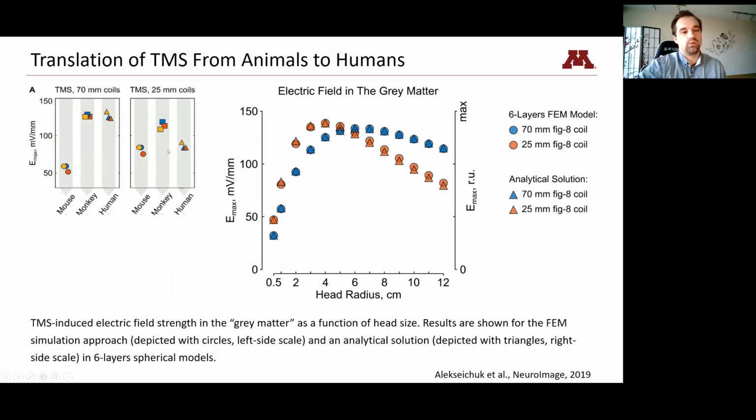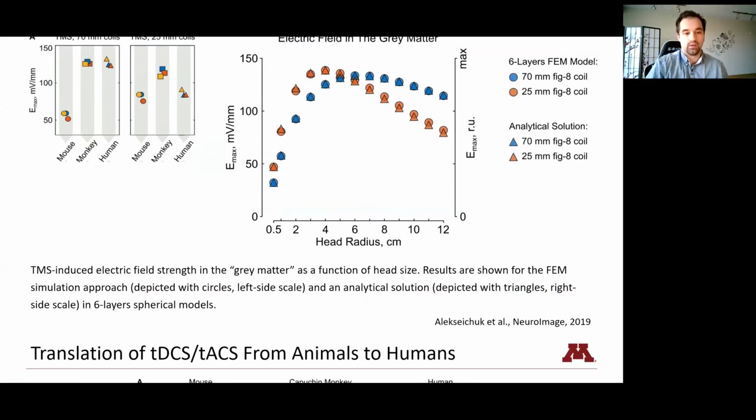But at some point, when the brain starts to be much bigger than the magnetic coil, the density of the electric field will go down, and therefore the highest stimulation intensity will also be lower.